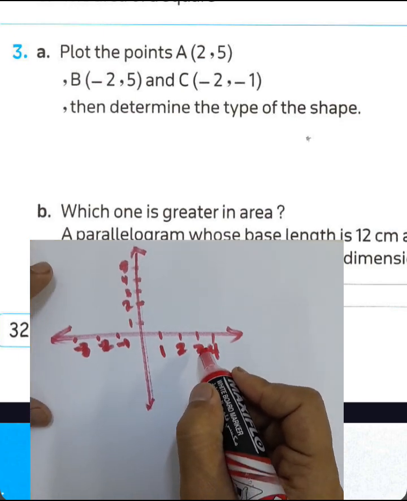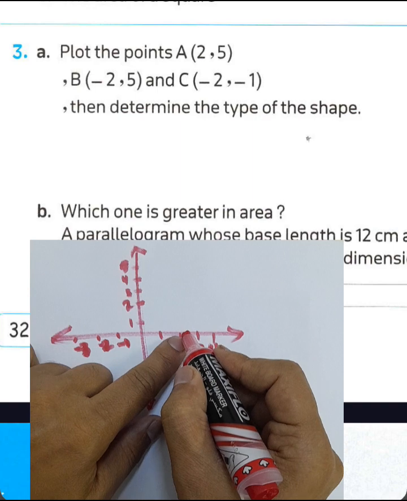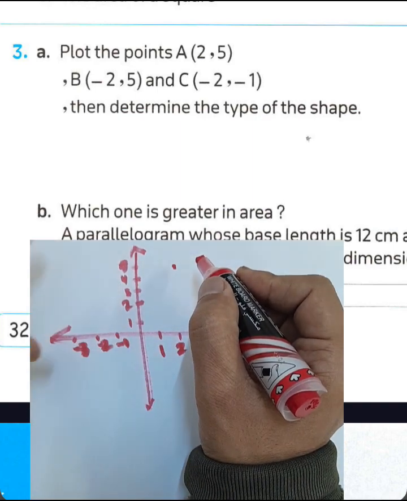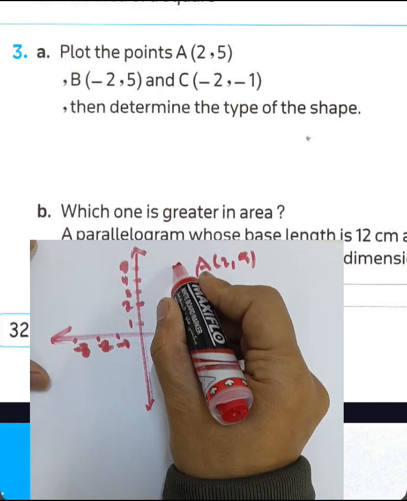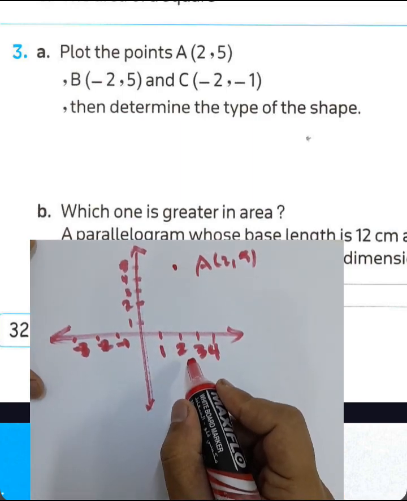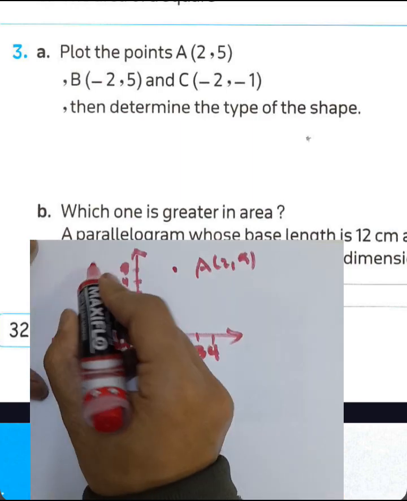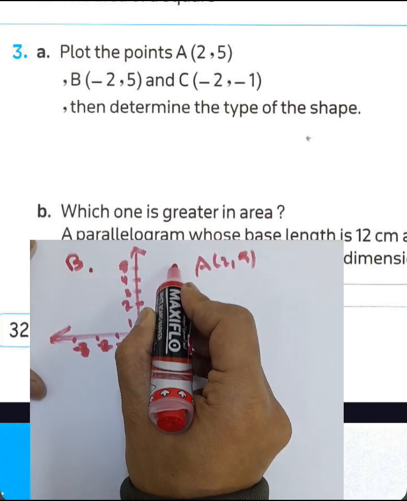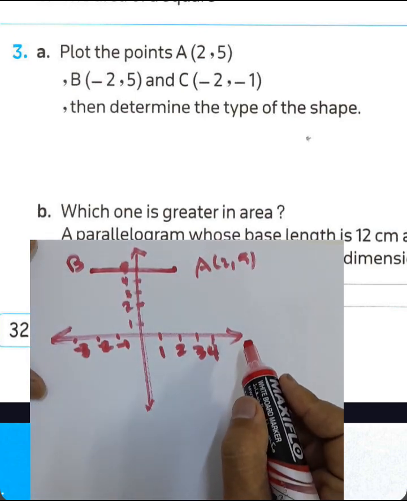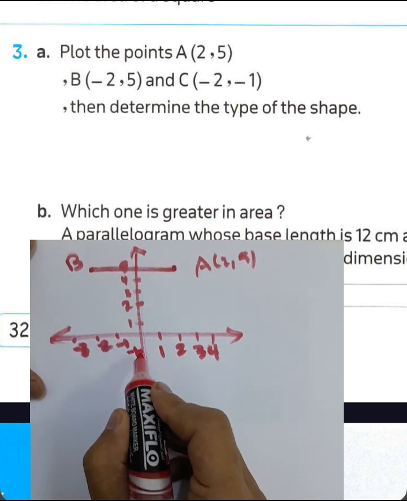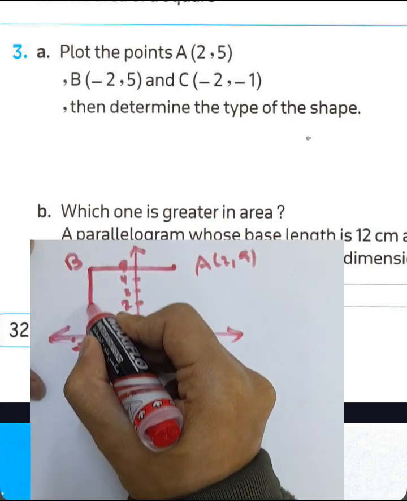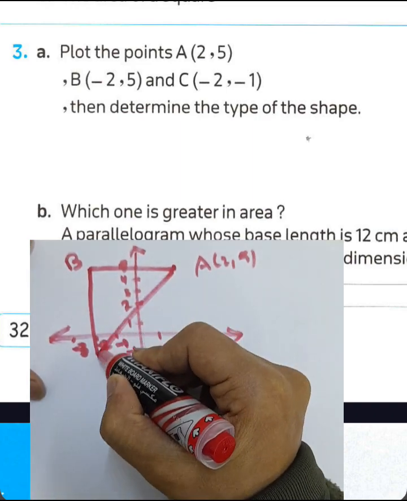First point here A (2, 5), going right 2 and up 5 units, then it will be point A (2, 5), and the next point B (negative 2, 5), negative 2 and up here to 5, and point C (negative 2, negative 1), negative 2 here and negative 1 down. Okay, then we will have a right angle triangle here.